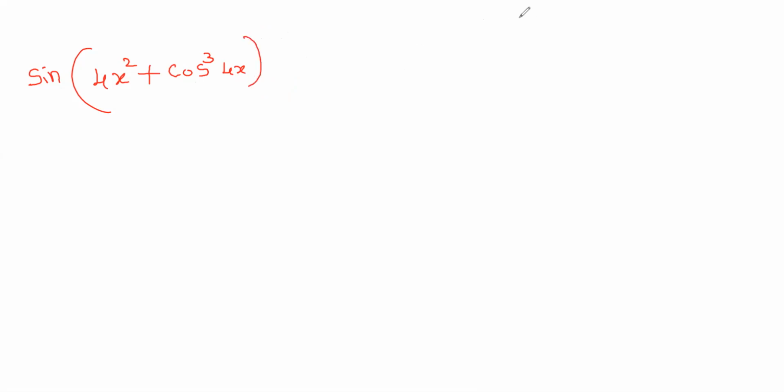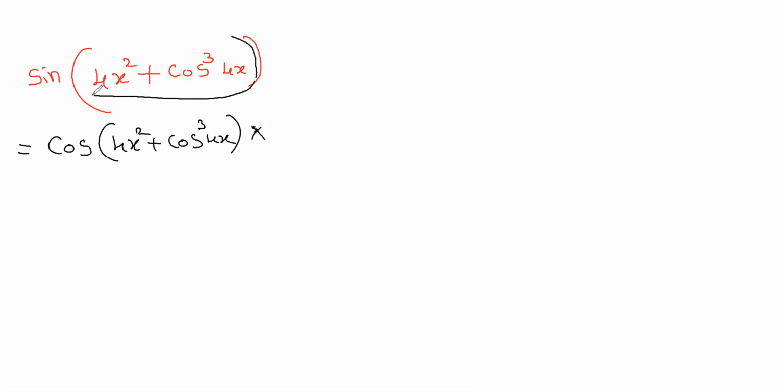So first, I differentiate the sine of this, right? So it'll be cos of 4x square plus cos cube 4x, right? And then each term means differentiation of the inside one.